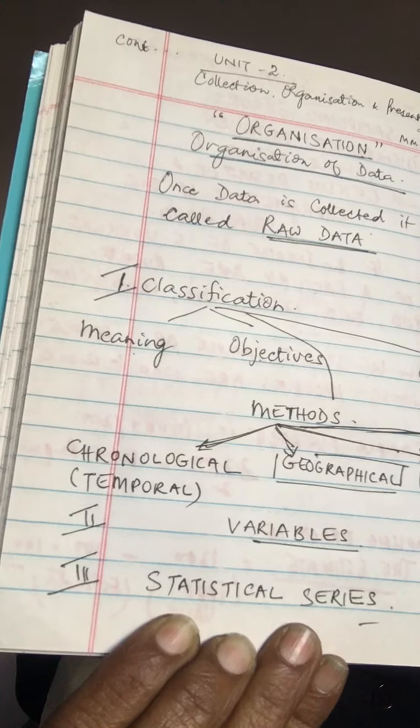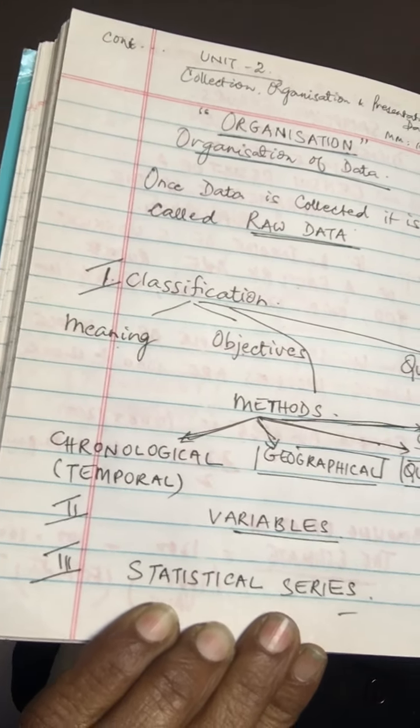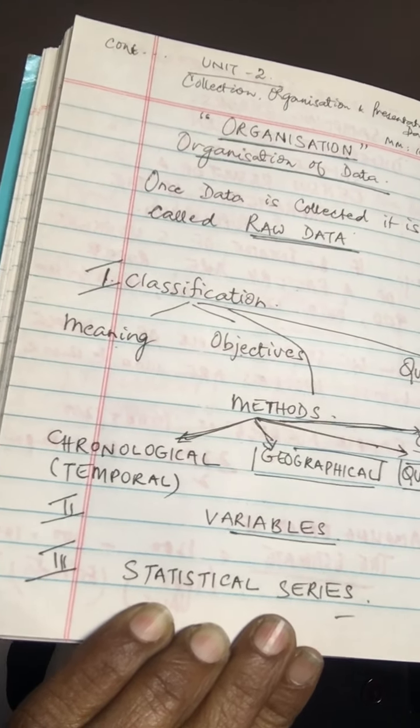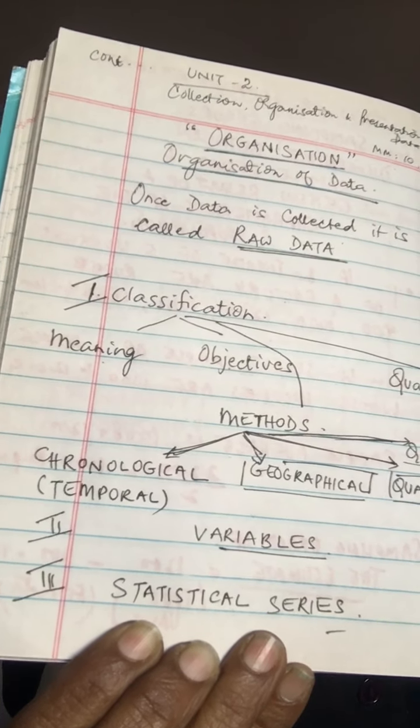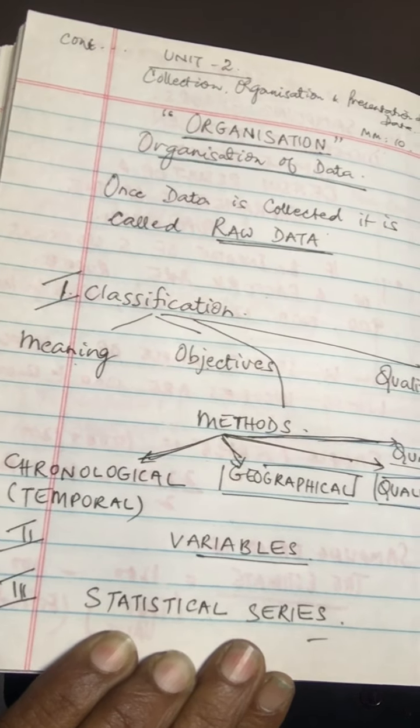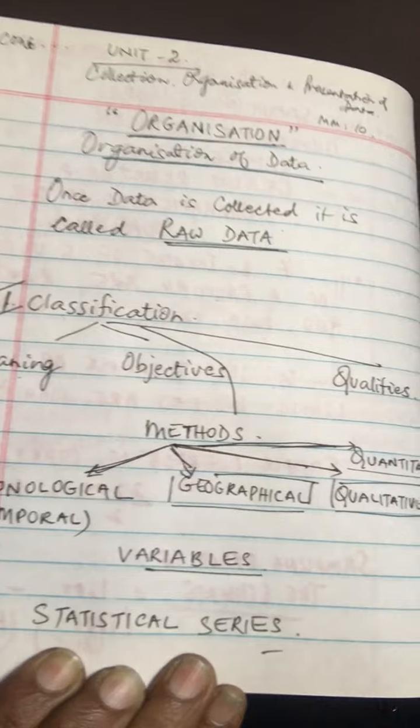Then we'll talk about what the series are. There'll be individual series, there'll be discrete series, and we'll talk about continuous series. So in this particular class, I've just introduced organization of data. In the next class, we'll start defining all of it.